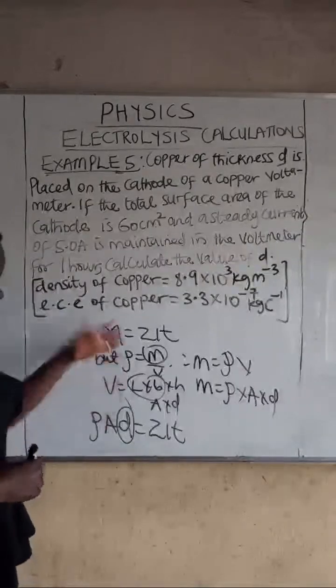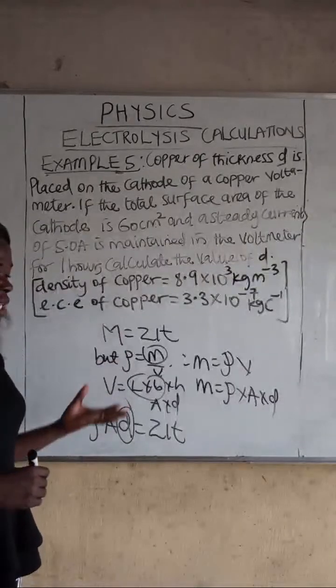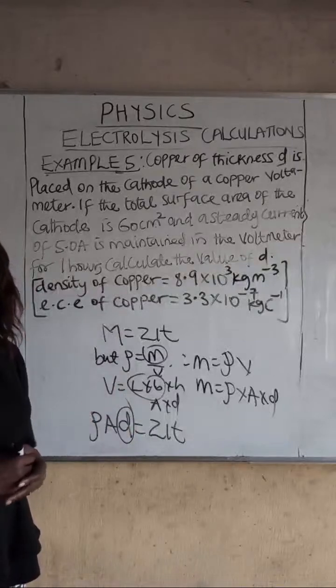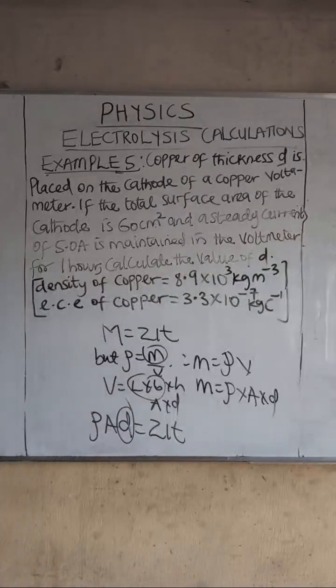All right. I don't know if you wish to copy because I want to clean it and solve the main question. Yes, that is the unit of electrochemical equivalent. That is mass per coulomb.